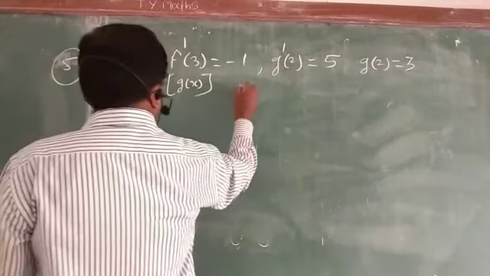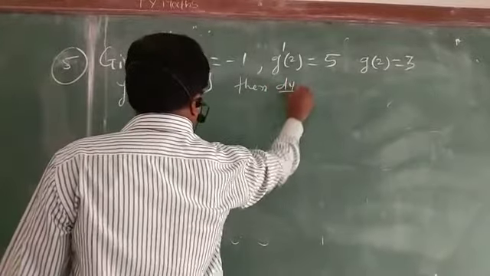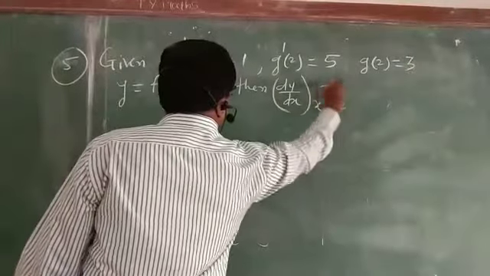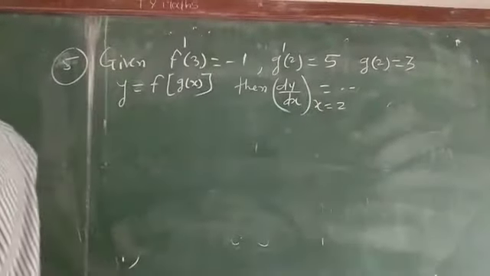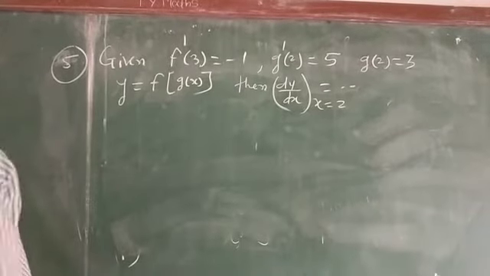Then dy by dx at x equal to 2 is equal to blank.